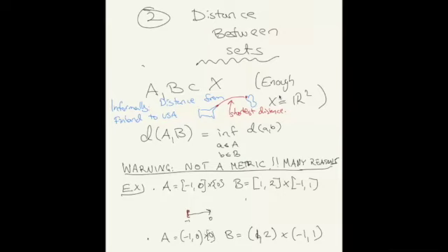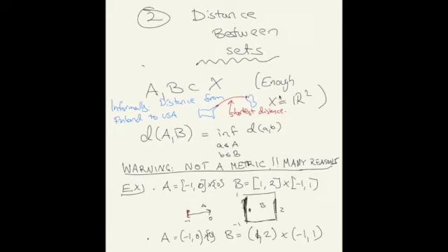B is a square that starts at 1, goes up to 2, and then lies symmetrically on the axis. It's really a rectangle, roughly like this. So from -1 to 1 on the y-axis, and then on the x-axis, it goes from 1 to 2. So this is B, this is A.